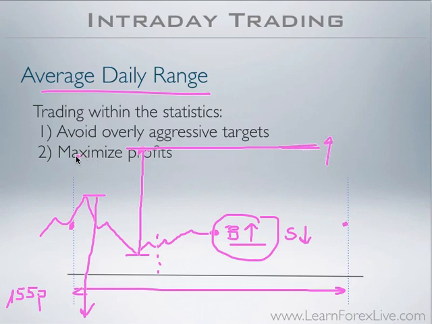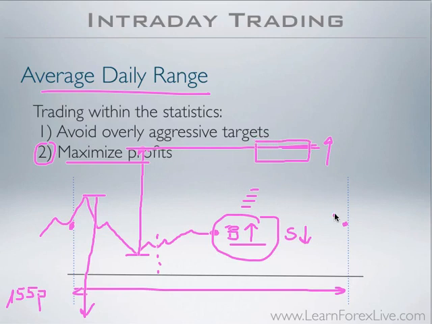Again, as per the two benefits of the average daily range, it helps you maximize your profits because you would not be placing your final target anywhere down here. Why would you shoot for this many pips, if on average the average daily range is telling you that this currency pair should move up to this area?